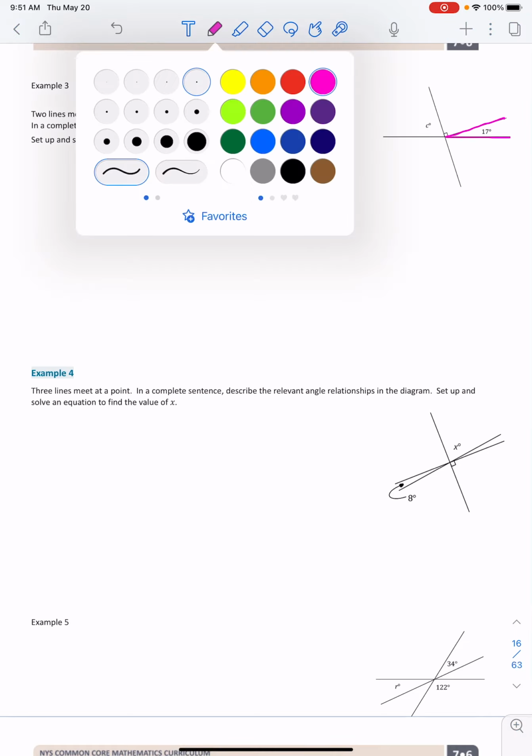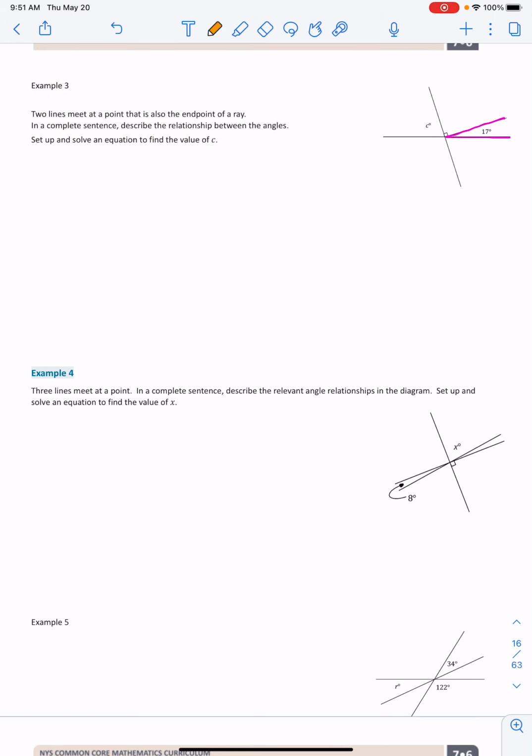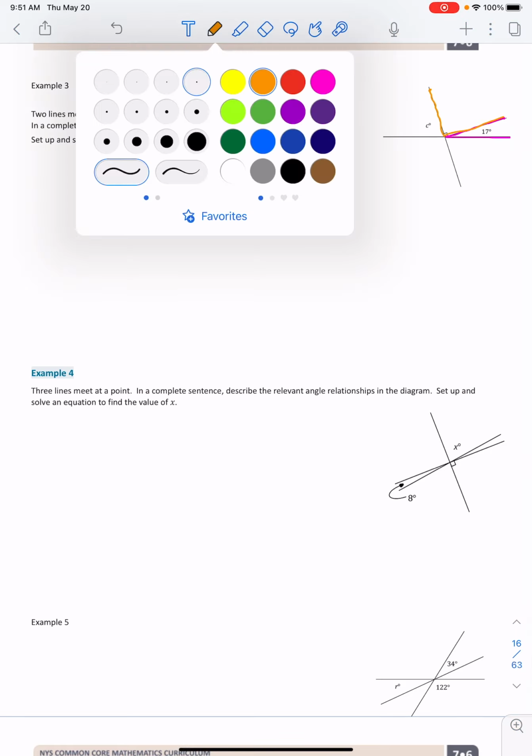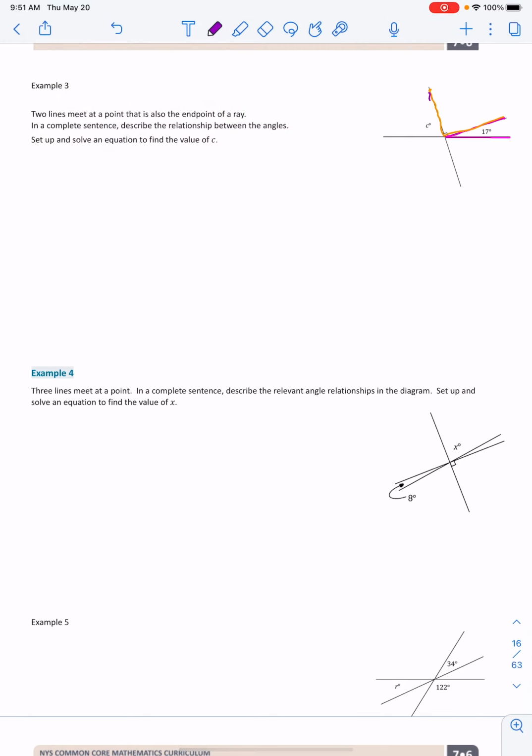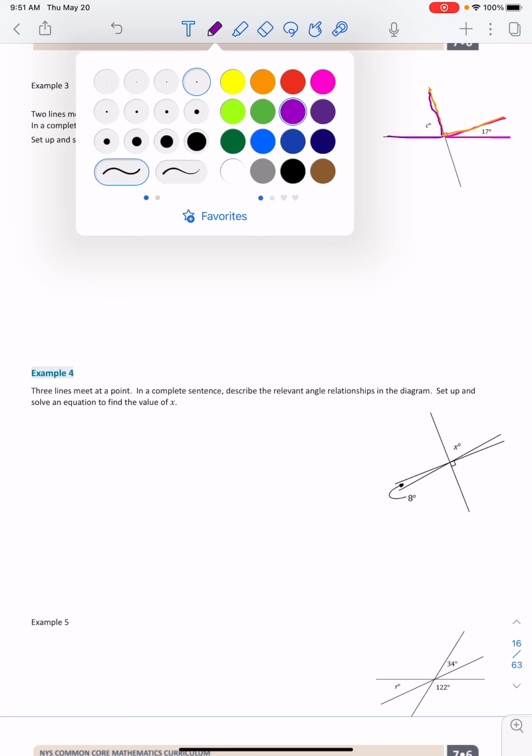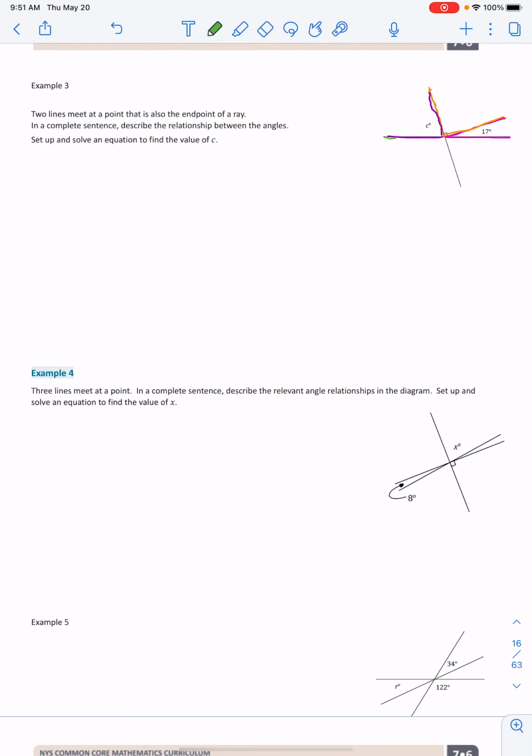We have a 90-degree angle here. And we have C, which is right here. And they all form a straight angle right here.